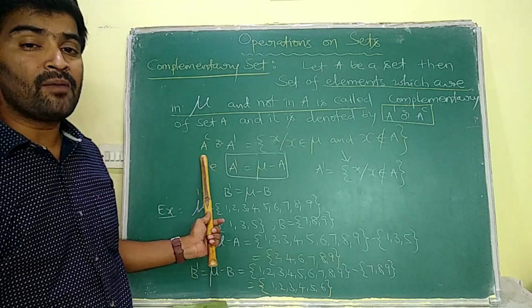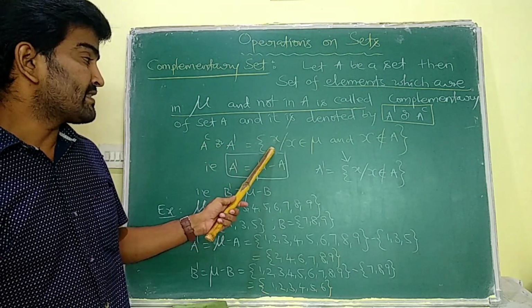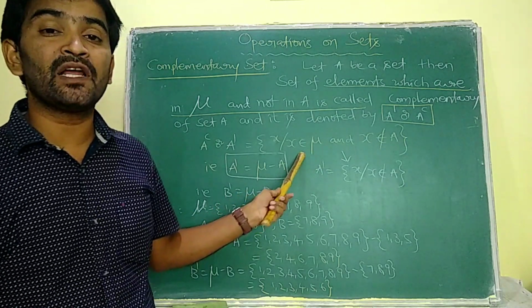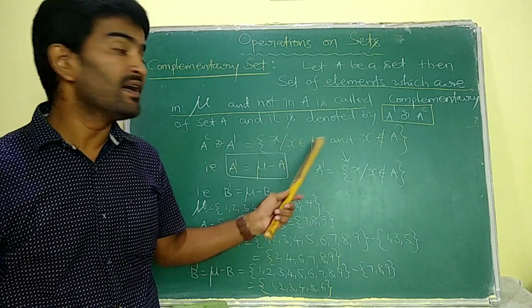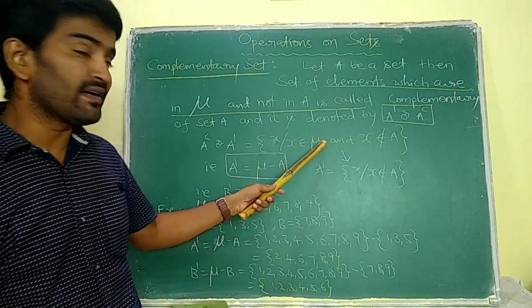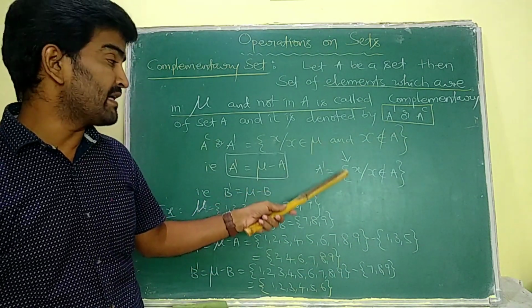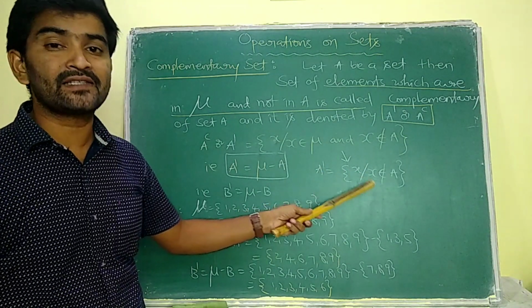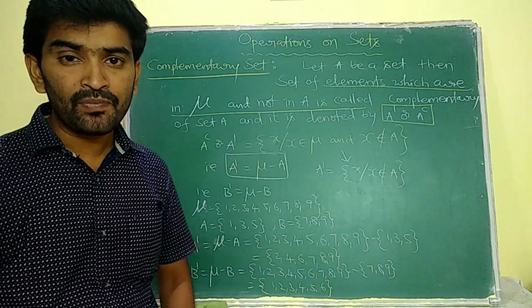See, A complement or A dash is x such that x belongs to mu. I have to write the elements which belong to mu and that element does not belong to A. Simply I may write the same set builder form as all the elements of A dash are like x, and x is not an element of A.